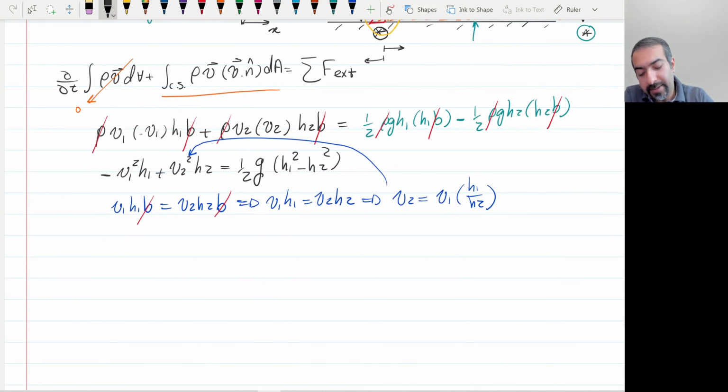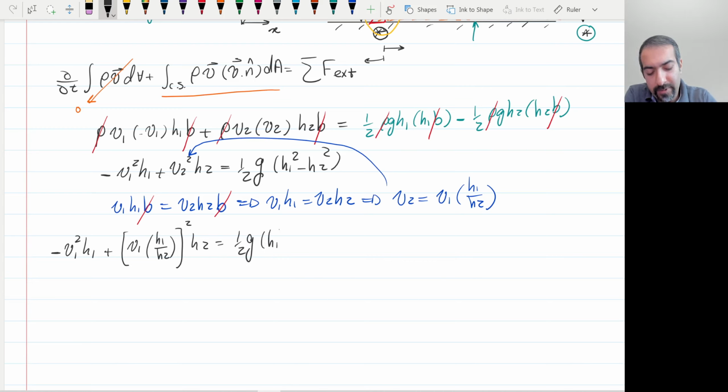So let's see how we do that. So I have negative v1 to the power 2 h1 plus v1 h1 over h2. This is v2 to the power 2 times h2 is 1/2 g (h1^2 minus h2^2).